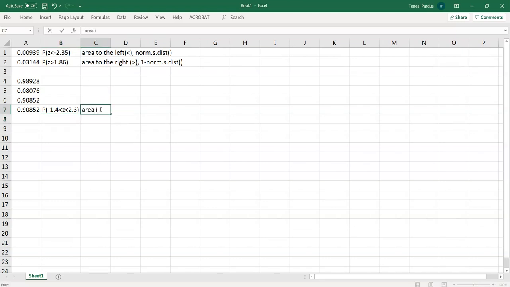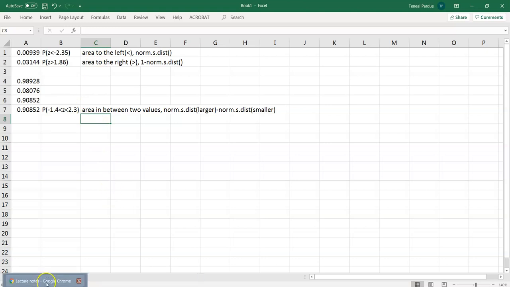So if you want an area in between two values, you can always do norm S dist of the larger value, and I mean the one to the right, minus norm S dist of the smaller value. Okay, and that will always work.